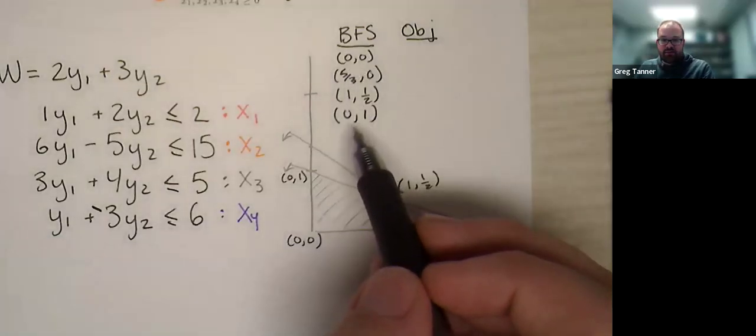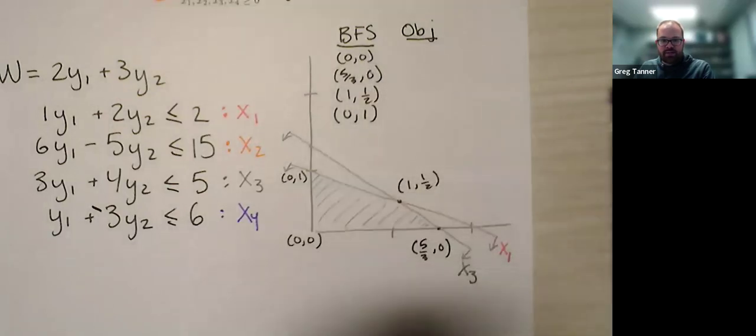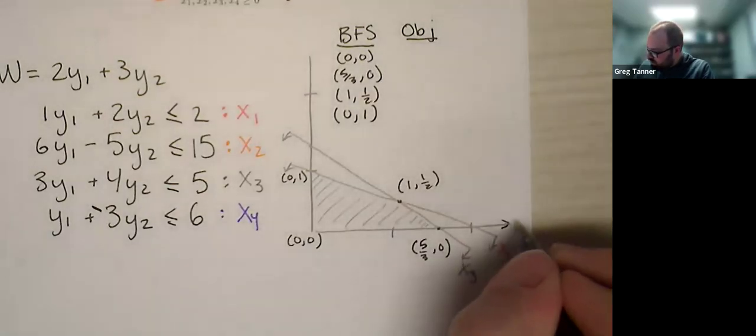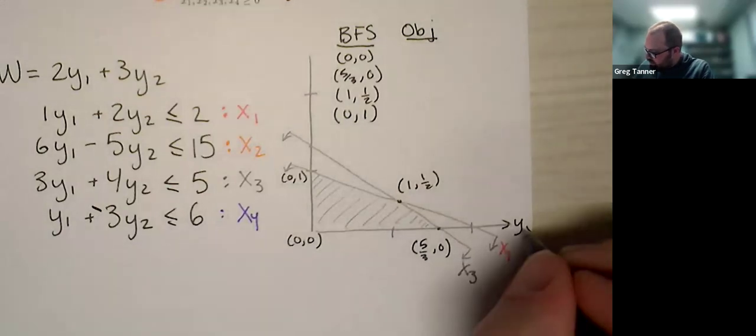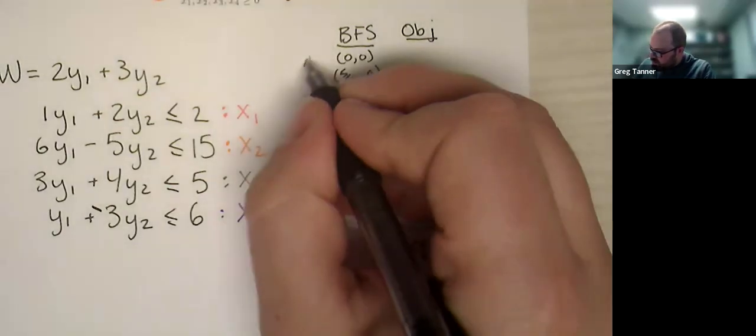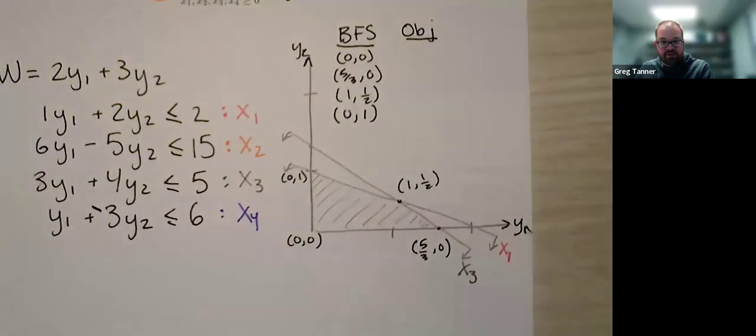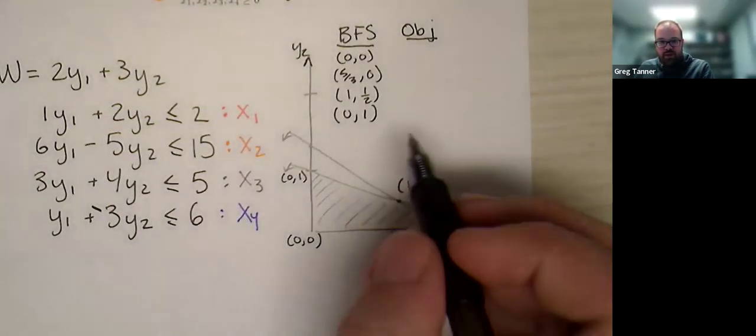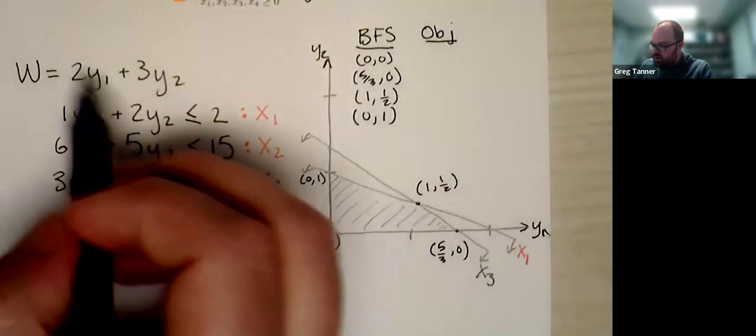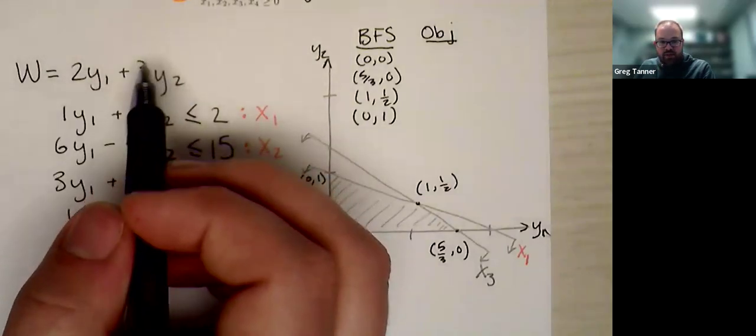These are values for Y1 and Y2, right? So my axes here are the Y1 axis and then the Y2 axis. I can now plug those into my dual objective here.